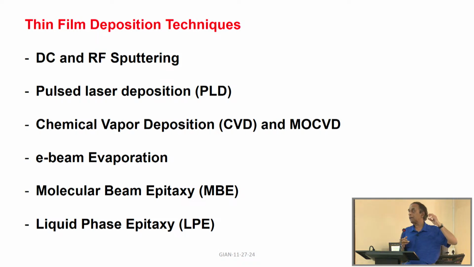Then you can use an electron beam to deposit the film, that is E-beam evaporation. Then molecular beam epitaxy. Liquid phase epitaxy is a little bit more complicated, and, for example, you can make films of ferrites or garnets using LPE.